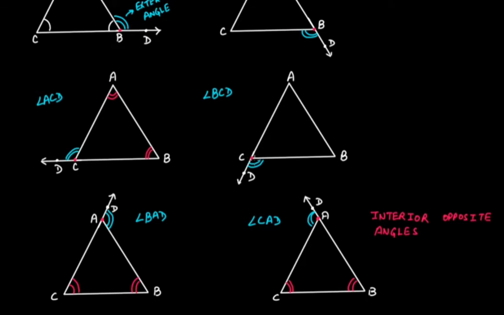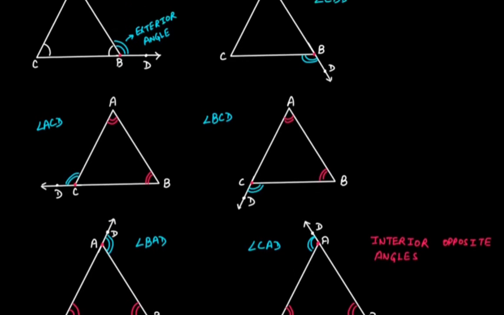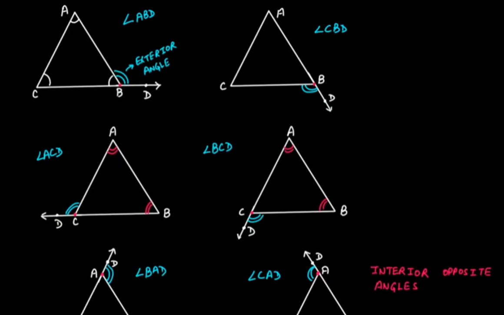at vertex C we have an exterior angle. So interior angle at vertex A and interior angle at vertex B, these are actually interior opposite angles to this exterior angle. Okay, same thing here. This is exterior angle.